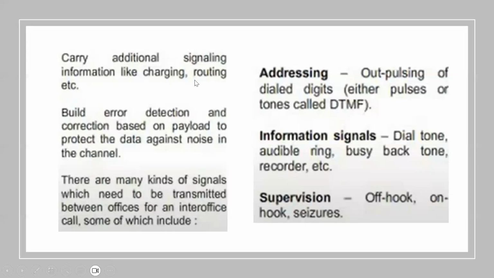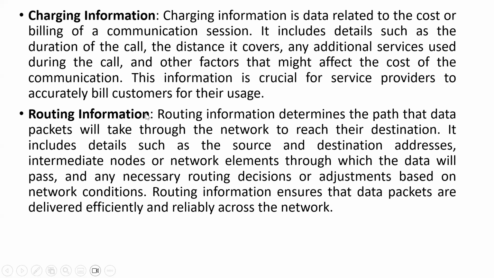Now the routing information. The routing information determines the path that the data packets will take through the network to reach their destination. It includes details such as the source and destination addresses, intermediate nodes or network elements through which the data will pass, and any necessary routing decisions or adjustments based on the network conditions.